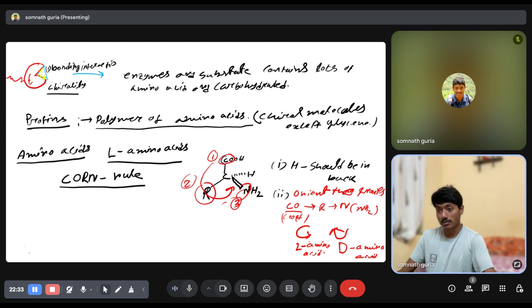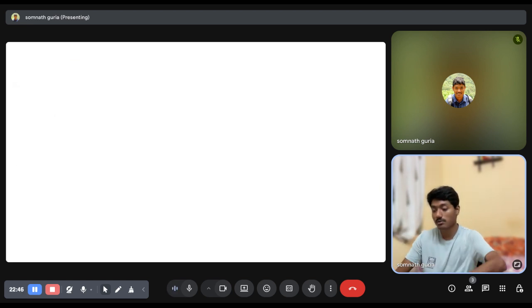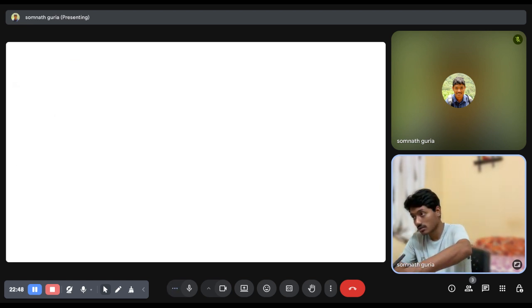Each of the amino acids is denoted by its name, a three-letter code as well as a one-letter code. So now coming to the structure of the amino acids. First of all, amino acid structure.